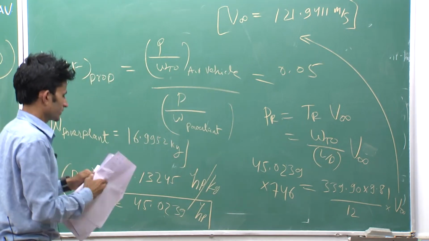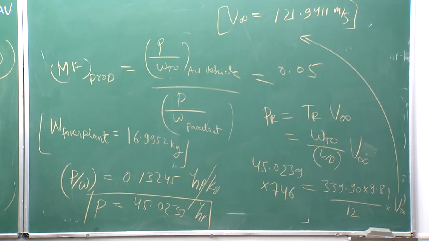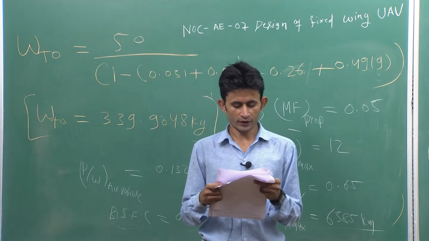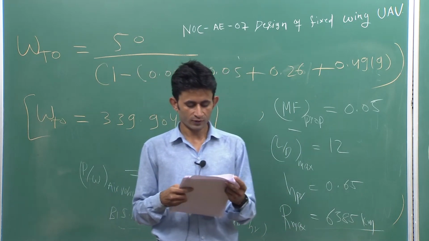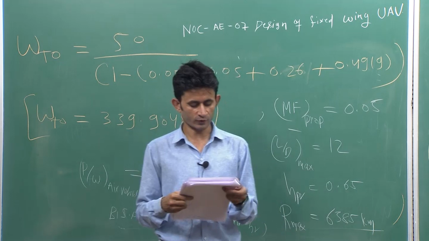If you are flying with this power condition, your speed will be 121.9411 meter per second. So, this is all about assignment 5. Lastly, we will go to assignment 6. For an electric powered fixed wing UAV with standard parameters, a mission profile is given.